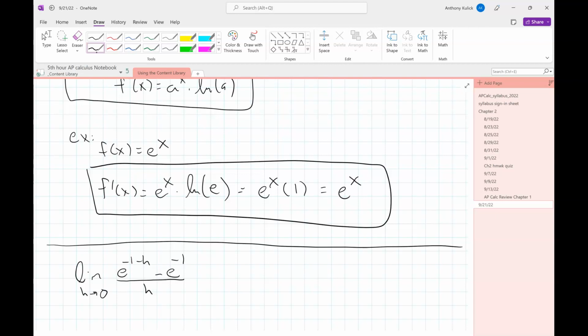So let's just walk through this. Sound good to you guys? Sure. So that's the first thing that I'm going to do. Everybody's okay with that? I can factor out that e^(-1).